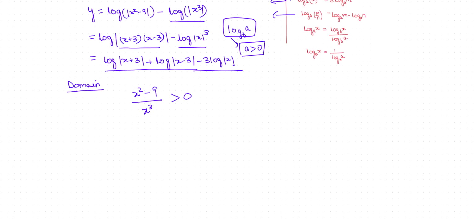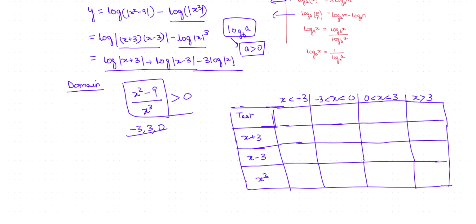Critical points here are negative 3, 3 and 0. Because we need to find where this x square minus 9 over x cube is greater than 0, let's make a table and see.